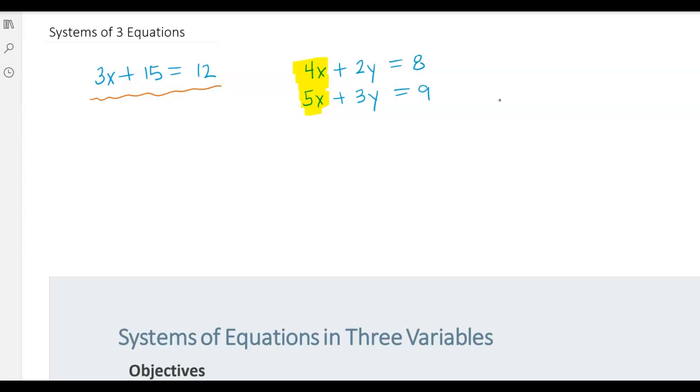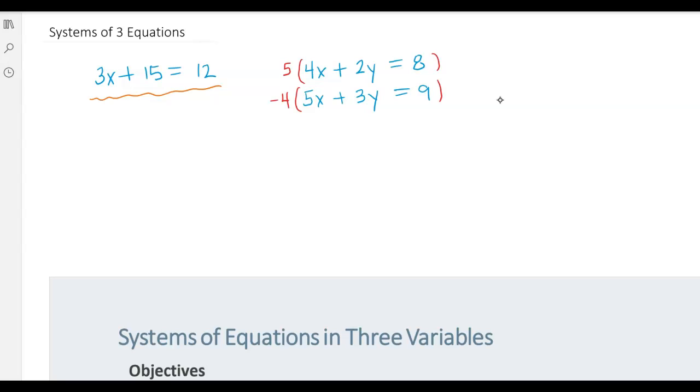The least common multiple between the coefficients on x is 20. So I'm going to multiply that first equation, let's say by 5, and I'm going to multiply that second equation by a -4.